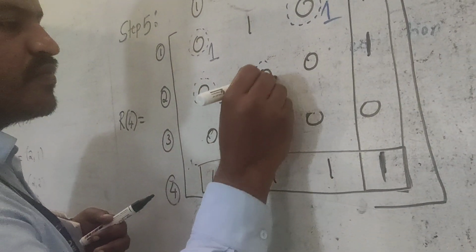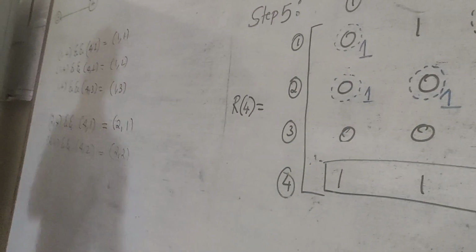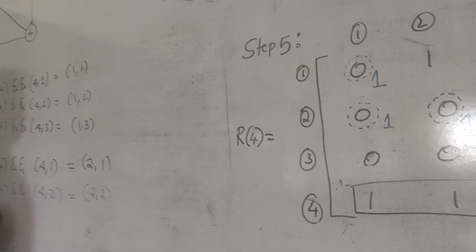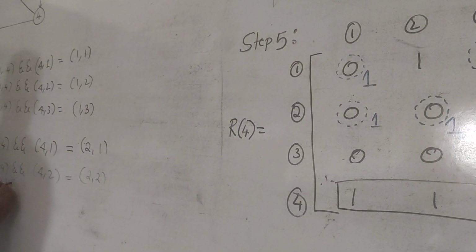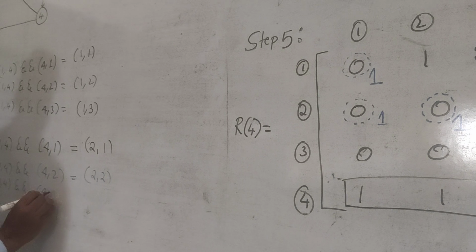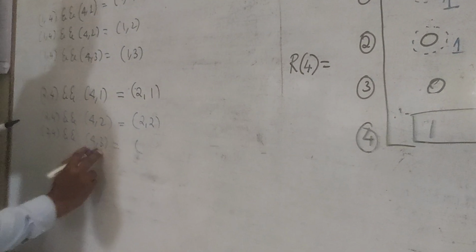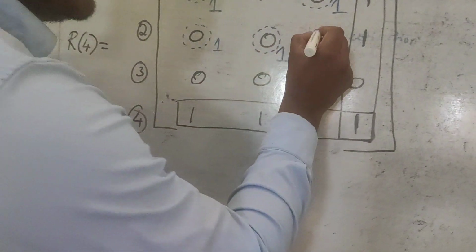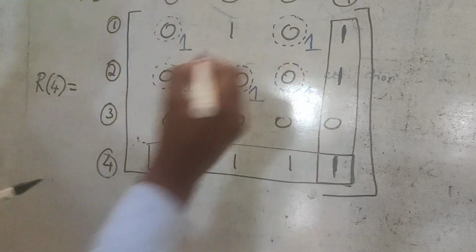You make it 1. Next, 2 to 4 and 4 to 3. Then there is a path existing 2 to 3. 2 to 3 was 0 earlier, I am replacing that with 1.